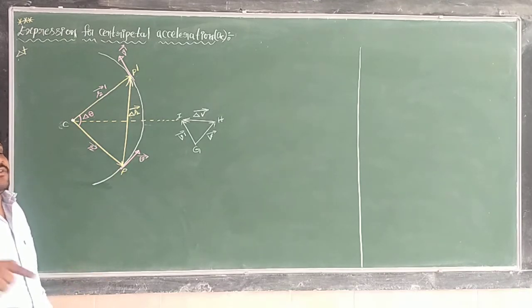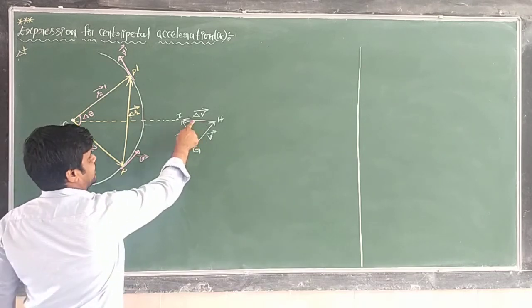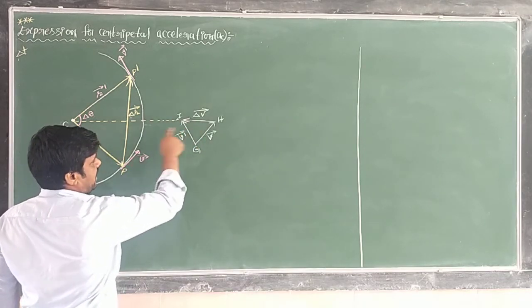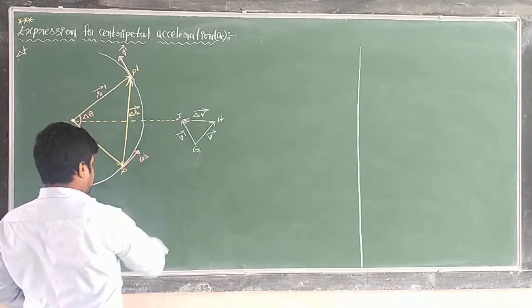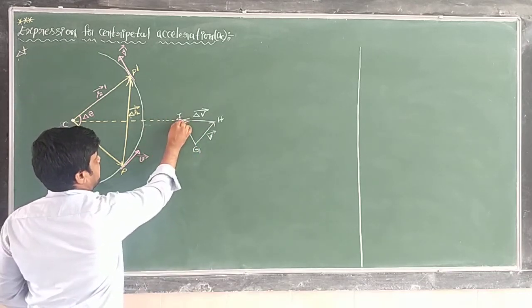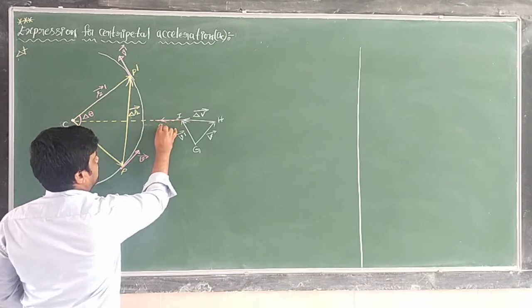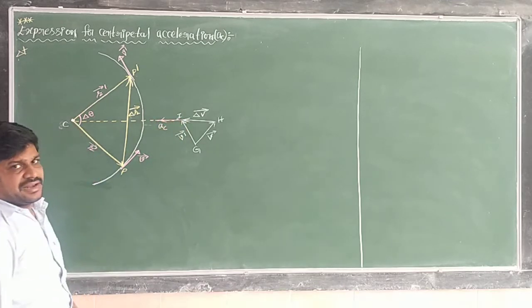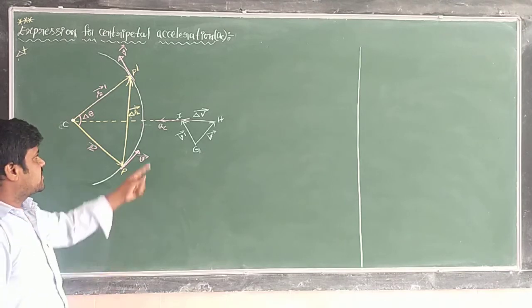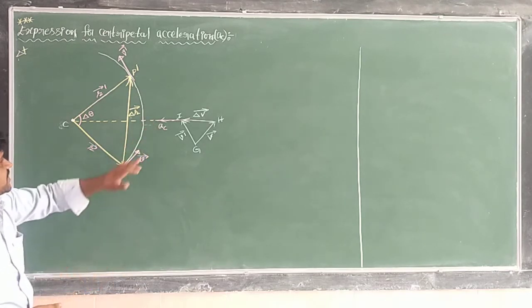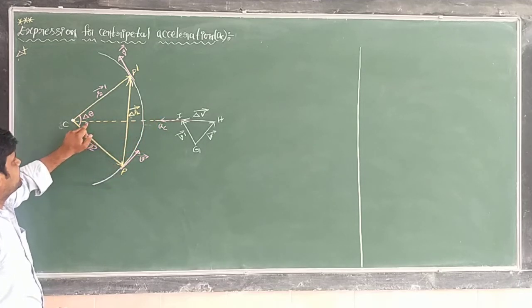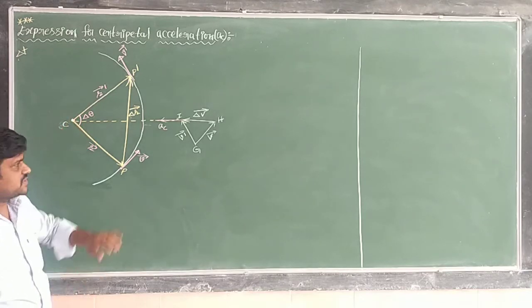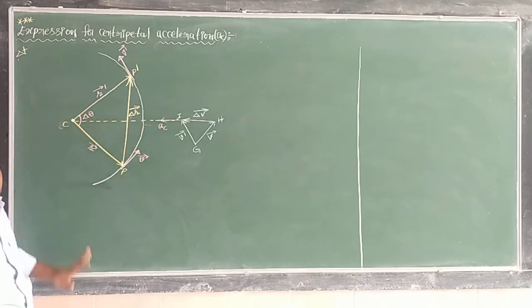The direction of acceleration is along the change in velocity direction, towards the center of the circle. In this direction, centripetal acceleration will be there. The direction of centripetal acceleration is along the radius of the circular path and towards the center.